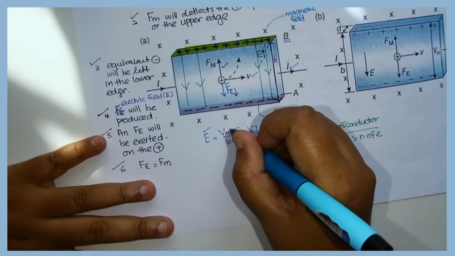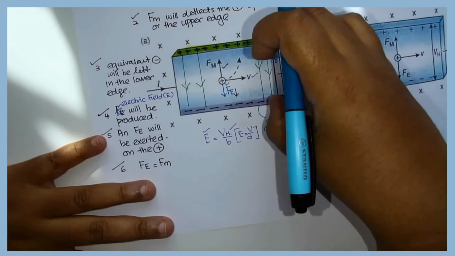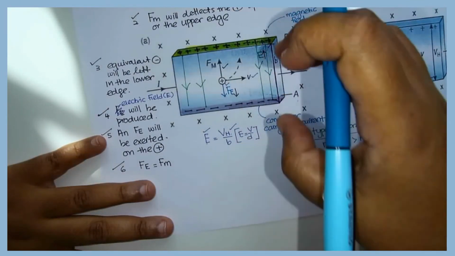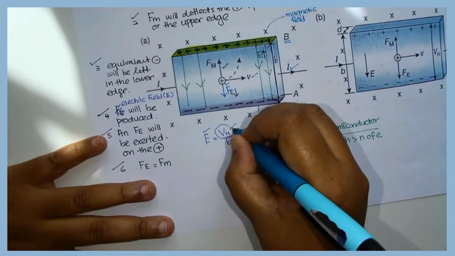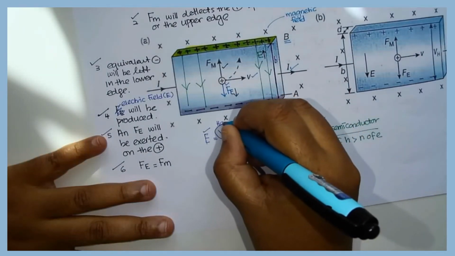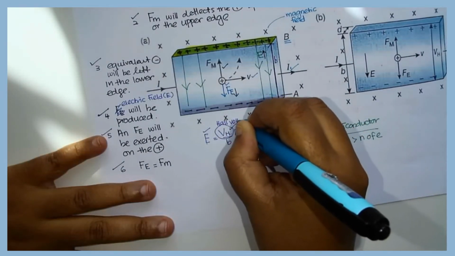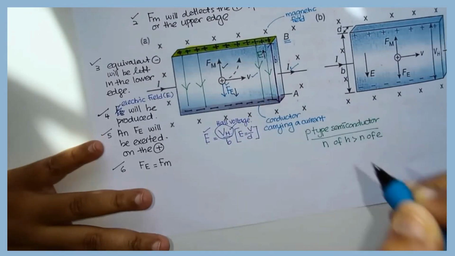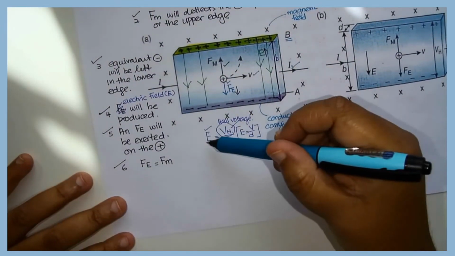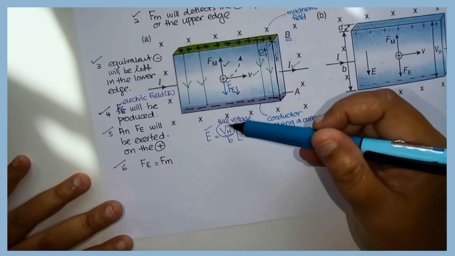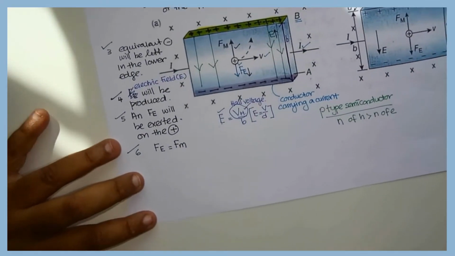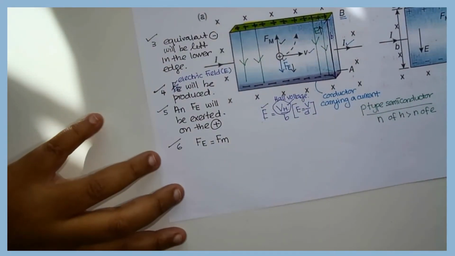So there is a voltage set up between these two edges, and that voltage is called the Hall voltage. Then as the E increases, the VH also increases until Fe equals Fm.